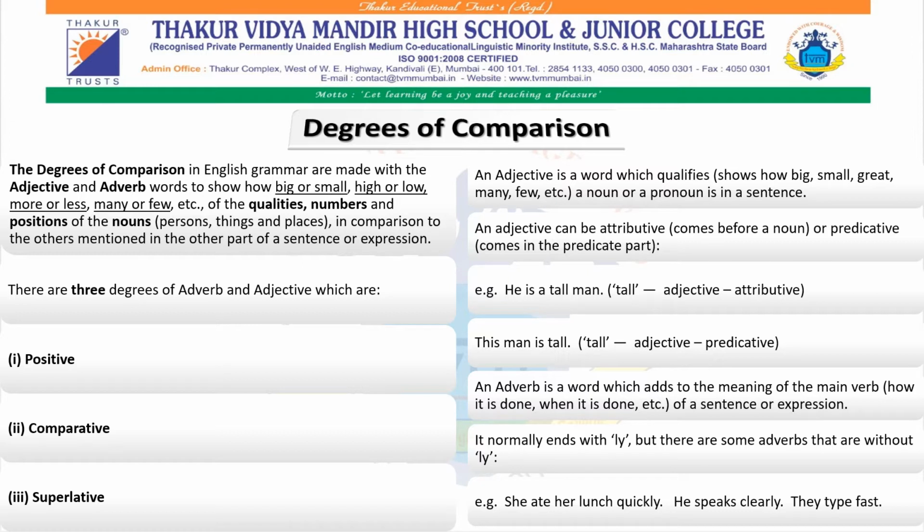Now the other adverb is fast. They type fast. We come to know more about the verb type, and the adverb is fast. And yes, we come to know that it is without ly and it is still an adverb. So not every time does an adverb end with ly.